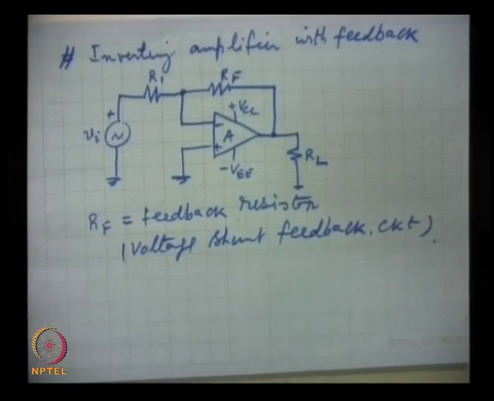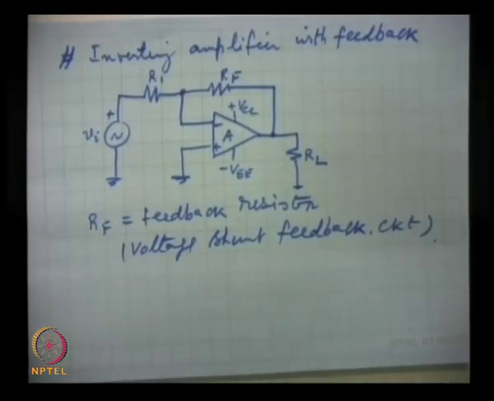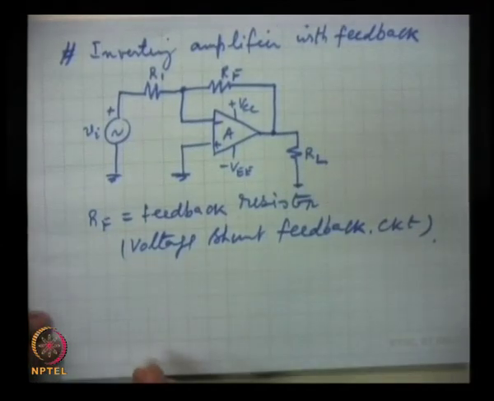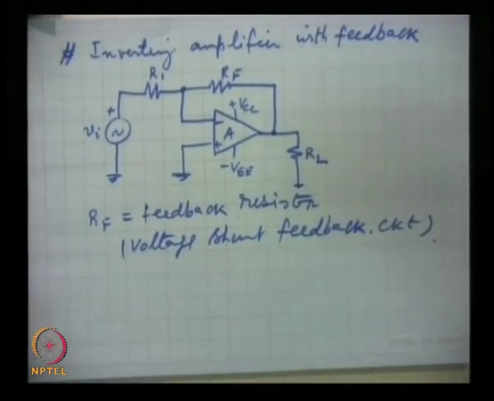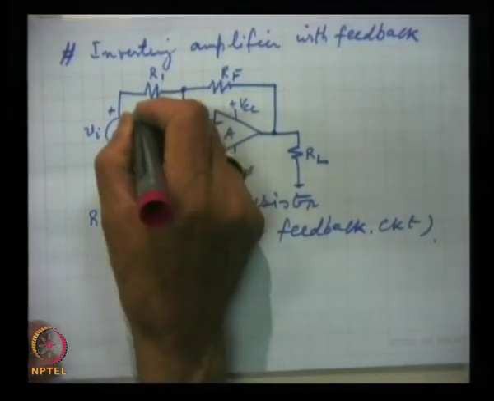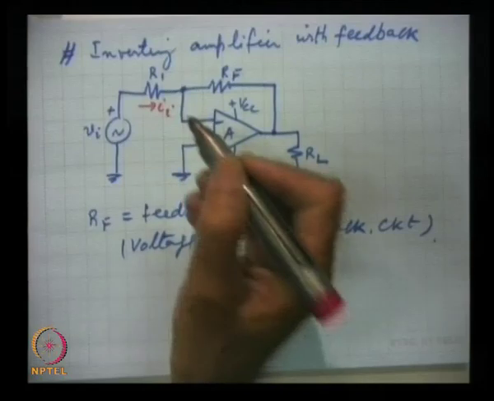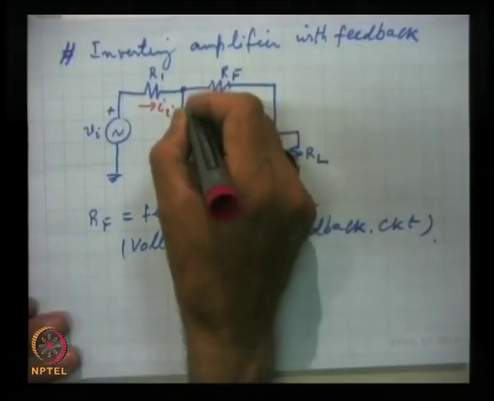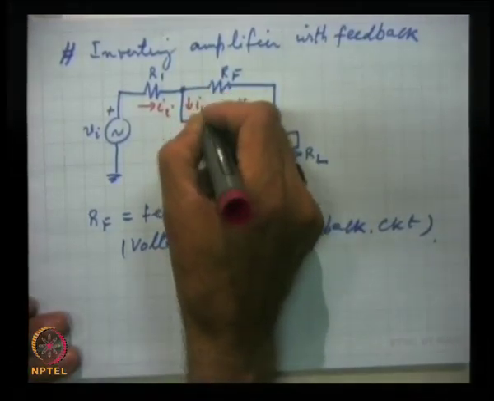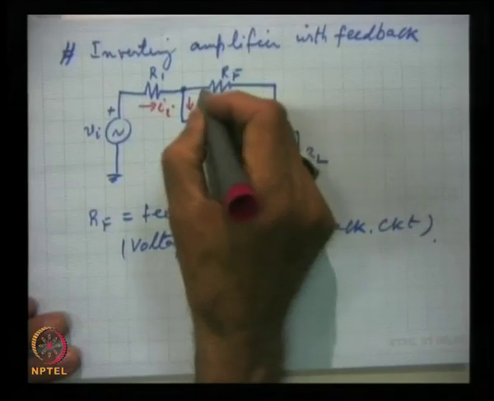Now, the most important property of an amplifier is the voltage gain. The other important property is input impedance, and so on. So first we take the voltage gain of this amplifier. Let us see here, this current is II, this is IB, and this is IF.